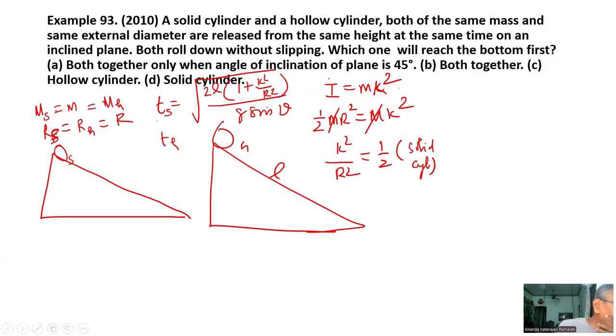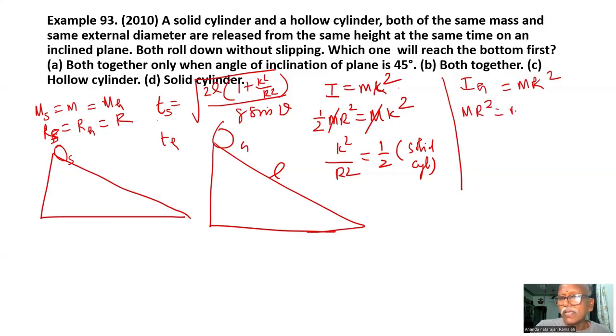For a hollow cylinder, I equals mR square. Therefore, I hollow equals mR square equals mK square, so K square divided by R square equals 1. This way you can find it, and you have to remember this formula.